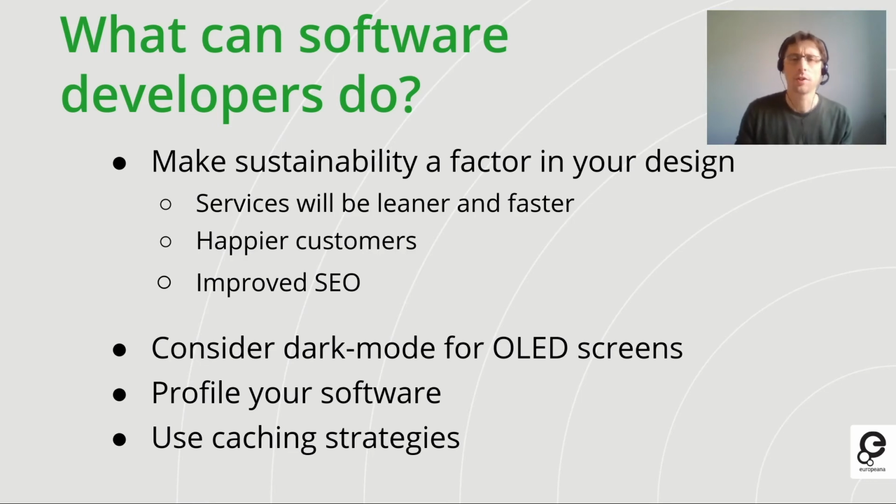On older screens, LED and LCD, that is unfortunately not the case. It's also helpful to profile your software, see if it's really efficient, if you can optimize it, and caching strategies can also help prevent data from being transferred, so you're saving energy there as well.